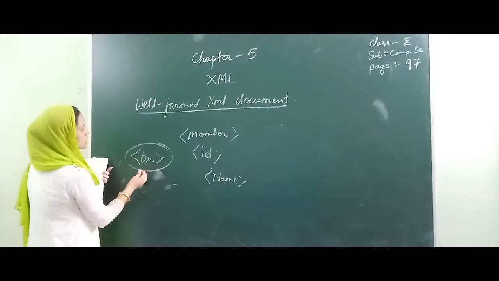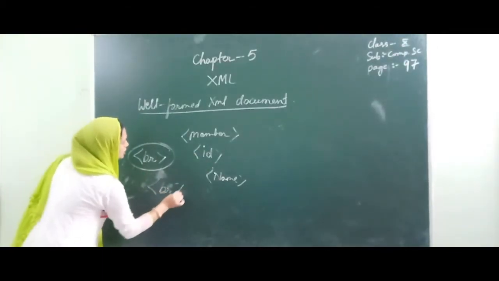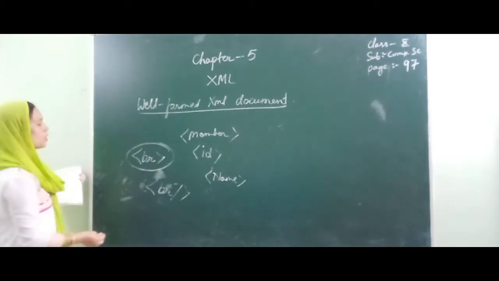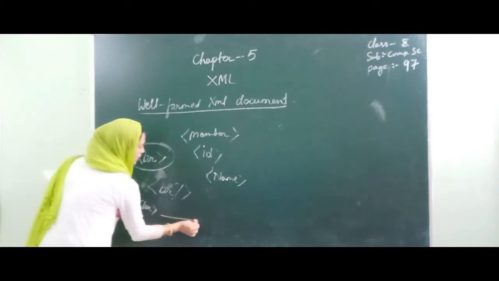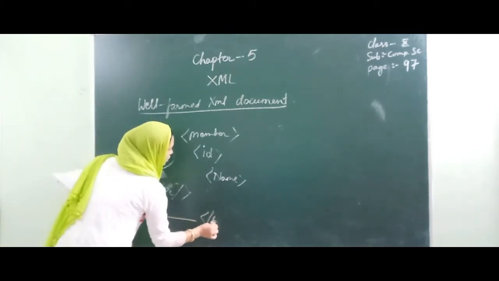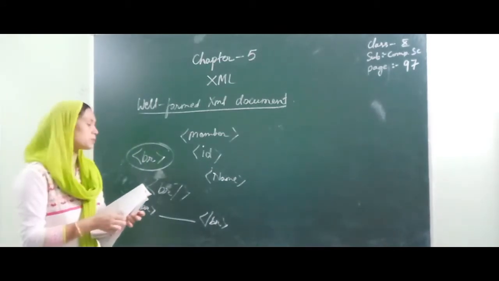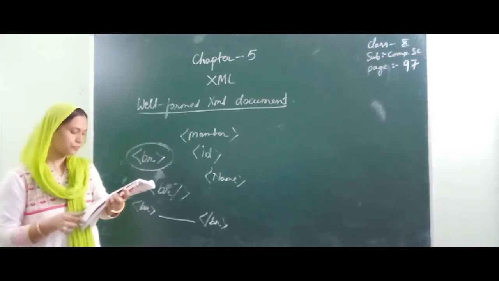The way of closing the BR tag in XML is BR, then after that slash in the back side. Or you can use BR open and after the end of the tag, BR close. So in this manner, even the empty tag must be closed in the XML document.